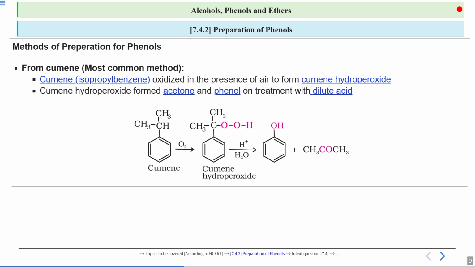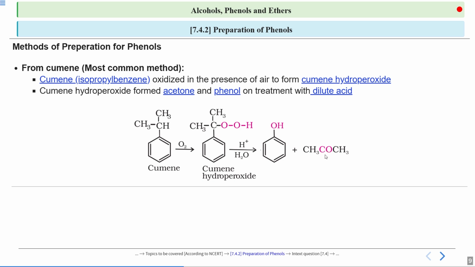So when this linkage is unstable, it will break in the presence of an acid. When you treat it with acid, this CH3, CO and CH3 group will leave, that is, acetone will leave, and we will be left with phenol, that is OH. Acetone is a side product, that is CH3, C double bond O, CH3.